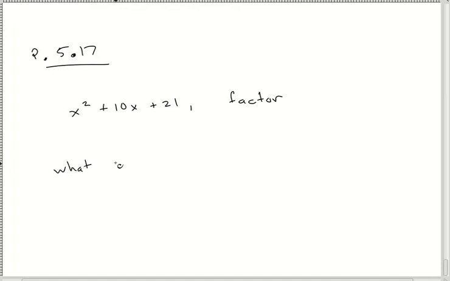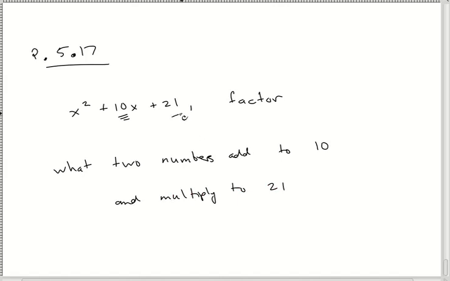What 2 numbers are going to add to that 10 in the middle there and multiply to the 21 right there at the end? What 2 numbers are going to add to the 10 and also multiply to 21? That's my question. If you can find those 2 numbers, then you're basically done. You just put it in the format that they want.